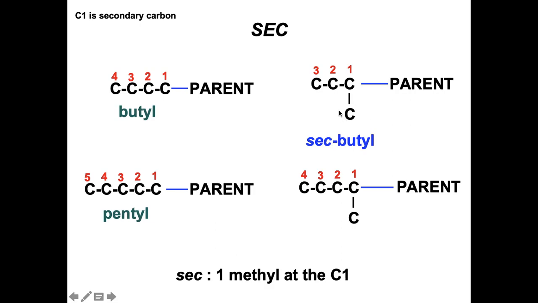You have 1 methyl at carbon number 1, and note that carbon number 1 is secondary carbon. So the total number of carbons are 4, so it's butyl. The common name for this branch is sec-butyl. Sec is secondary carbon. Another way to understand sec is 1 methyl at carbon number 1 of the branch. This one, total number of carbon, 5.